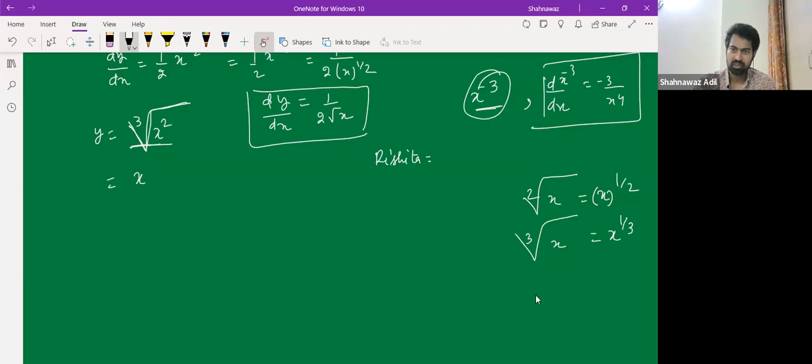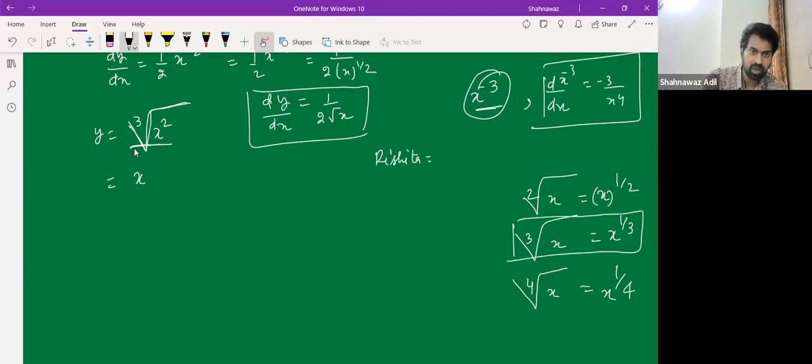For a fourth root, it would be 1 by 4. So now, what would be the power here? 2 by 3. Yes, correct.